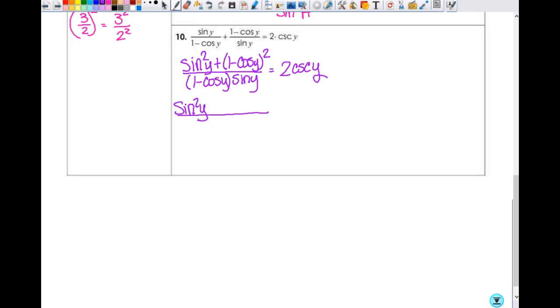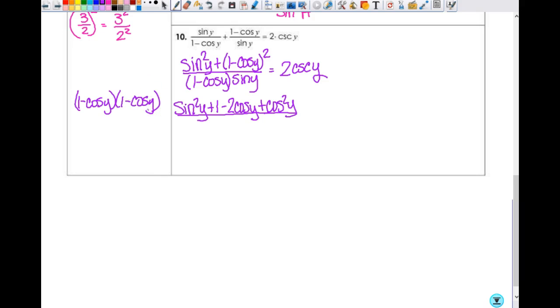Now this binomial, when I square it, does that become 1 plus cosine squared? No, it absolutely does not. It becomes a trinomial. You have to FOIL it, right? And so this becomes plus 1, and then it would be minus 2 cosine y plus cosine squared y, because you're actually multiplying (1 minus cosine y) times (1 minus cosine y).